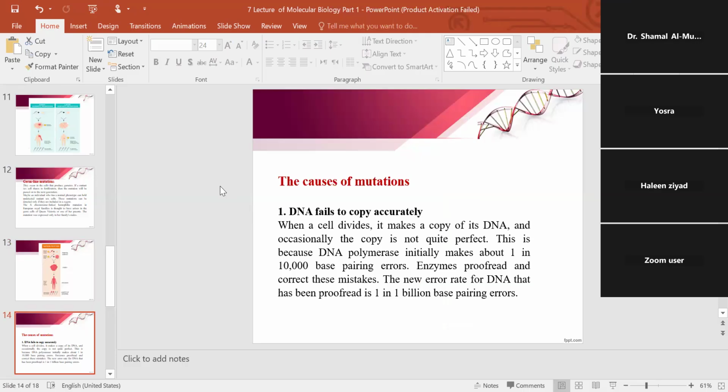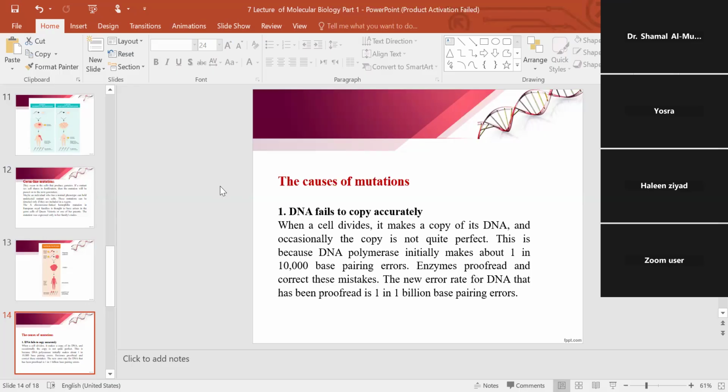The causes of mutation. DNA fails to copy accurately. When a cell divides, it makes a copy of its DNA, and occasionally the copy is not quite perfect, due to exposure to environmental factors.